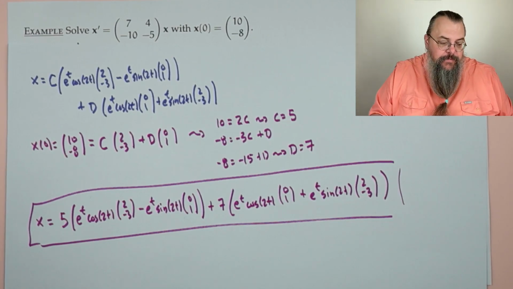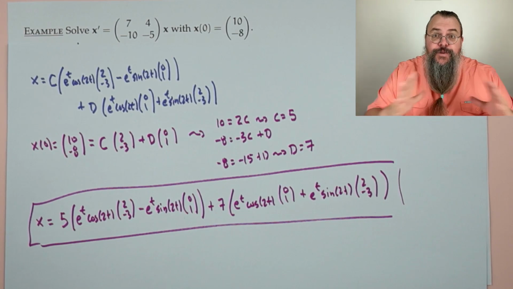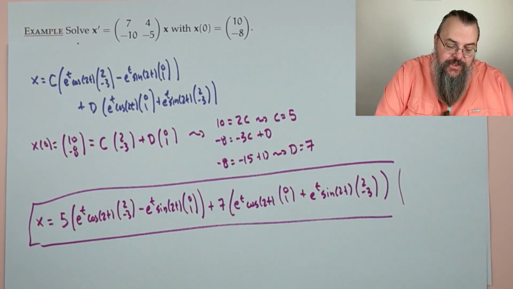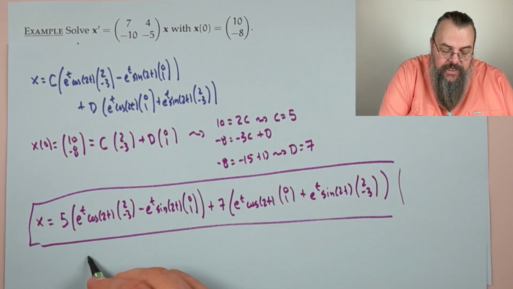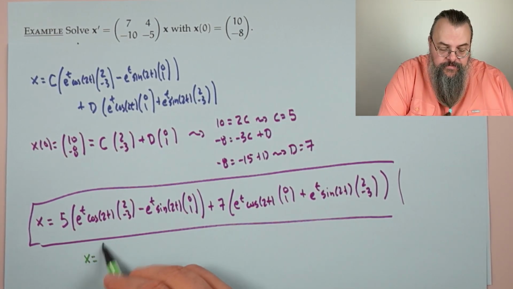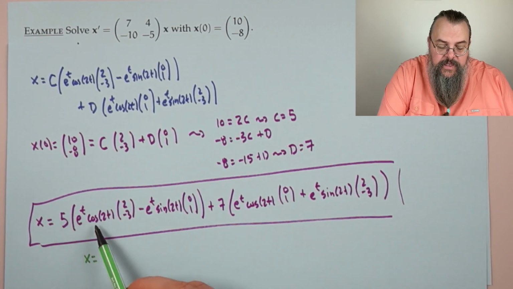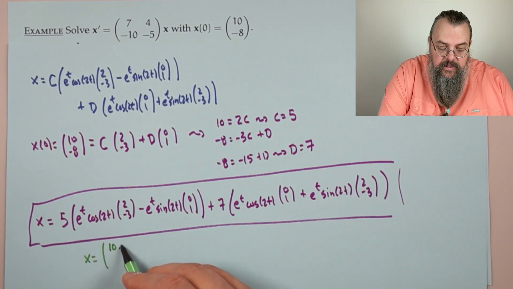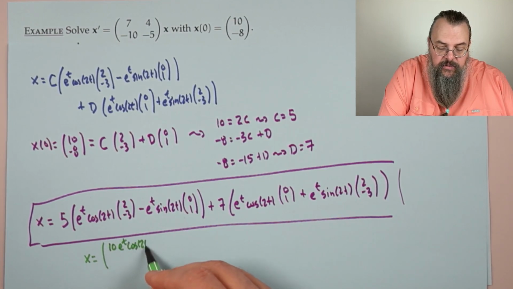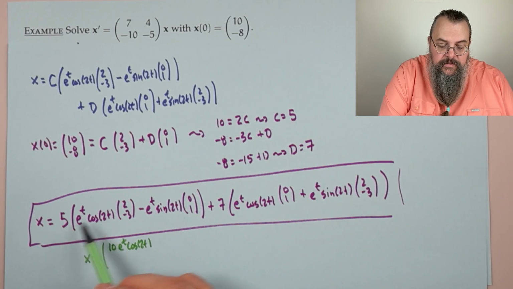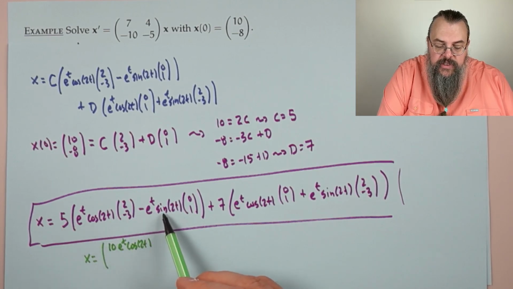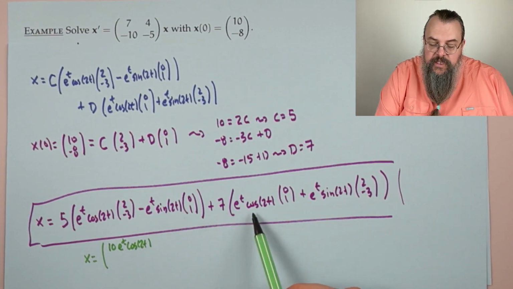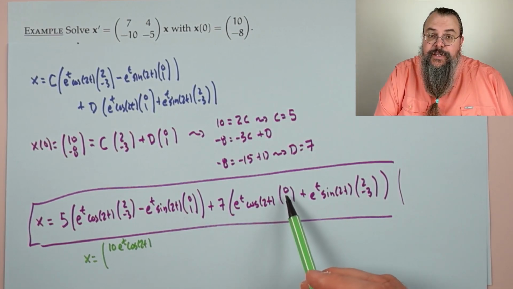But we can clean it up a little bit. And how do we do that? Well, let's just mush it all into one formula. So we could also say that x is equal to, on top, 5 e to the t cosine 2t times 2 makes 10 e to the t cosine 2t. 5 times -1 e to the t sine 2t times 0 is 0. 7 e to the t cosine 2t times 0 is 0.